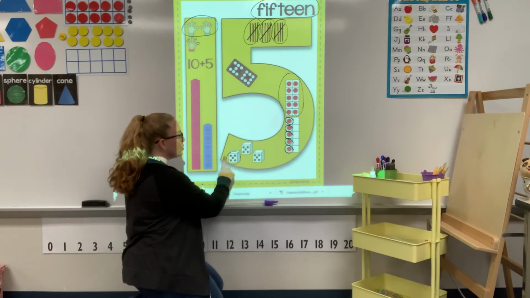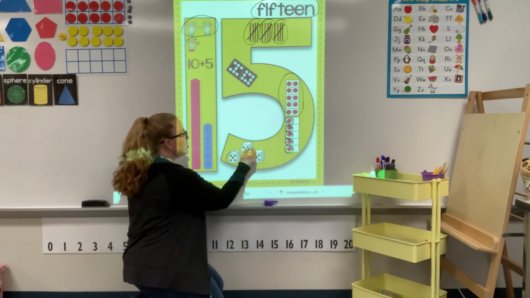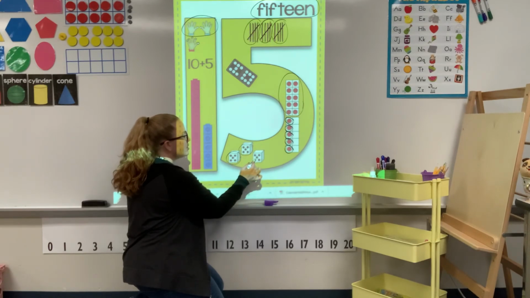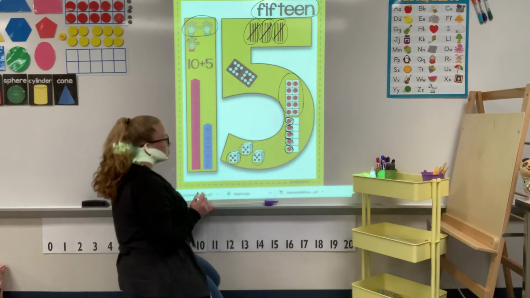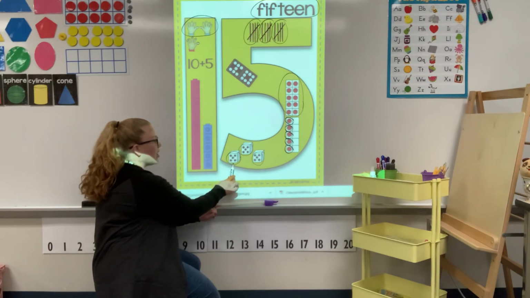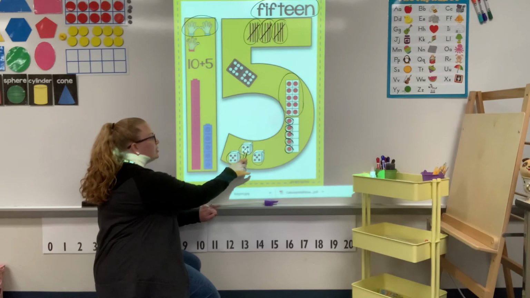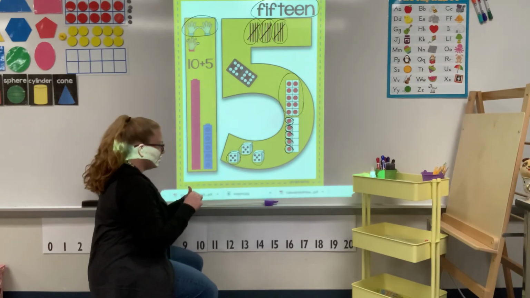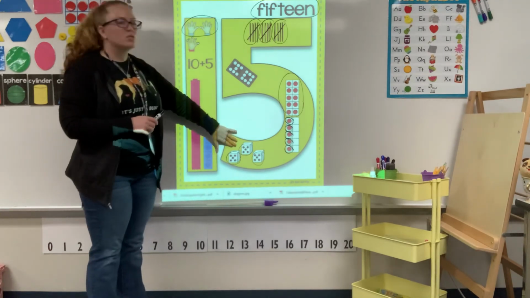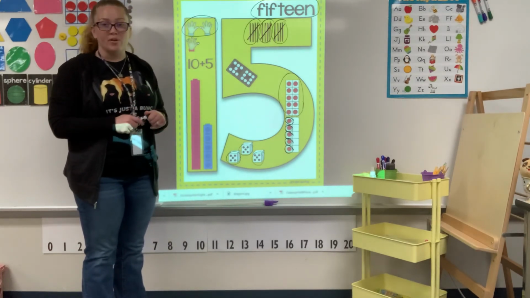This dice is representing the number 5. And each of these dice are representing 5. So this one has 5, this one has 5, and this one's the same too. So I know it has 5 as well. So if I start with 5 and I count on, I have 5, 6, 7, 8, 9, 10, 11, 12, 13, 14, 15. So these dice right here are representing the number 15.